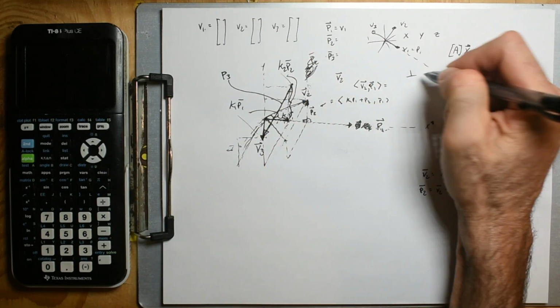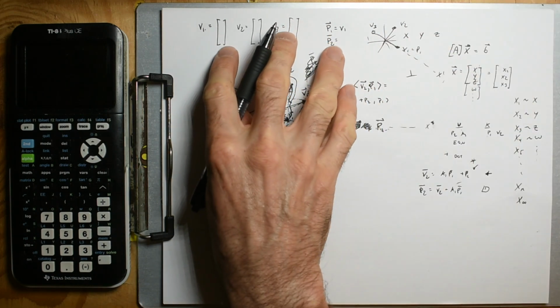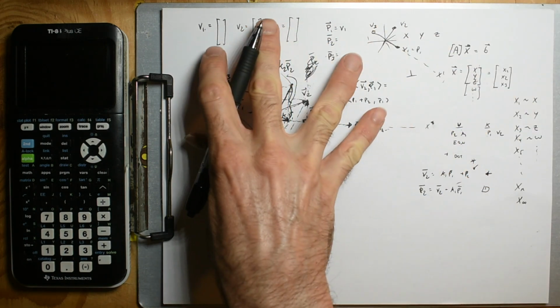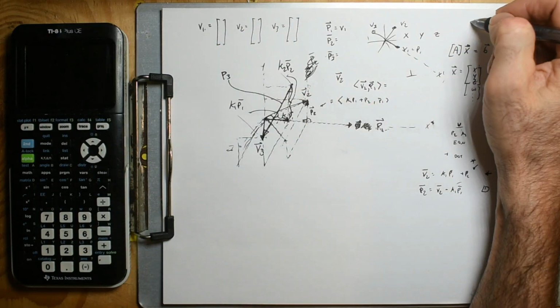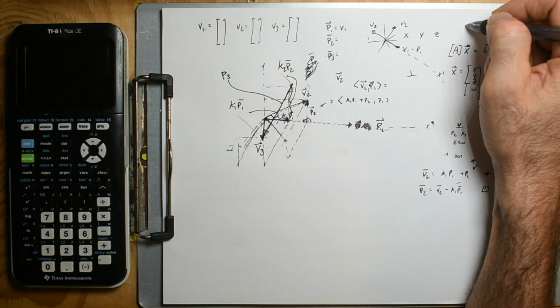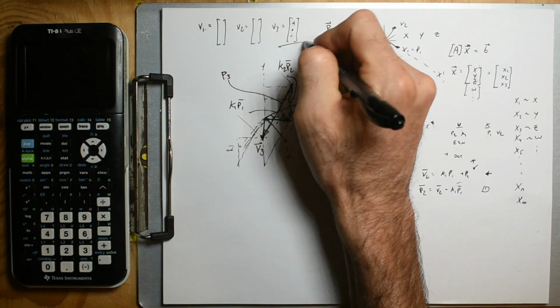Once you know that they are perpendicular, and just the fact that you can get 4 linearly independent, or any number of linearly independent, we're doing 3 today, perpendicular vectors, then you can take their magnitudes and divide by the magnitude.